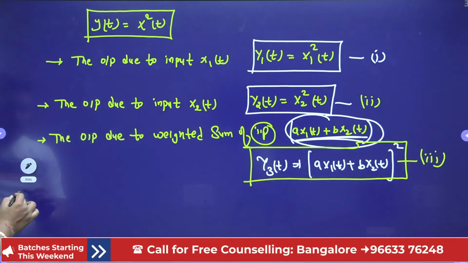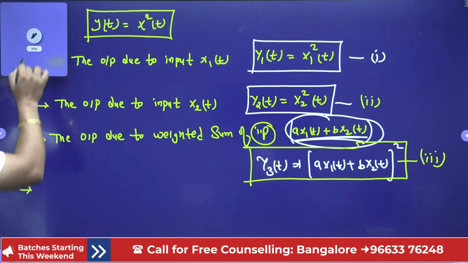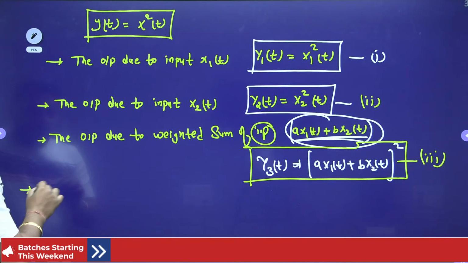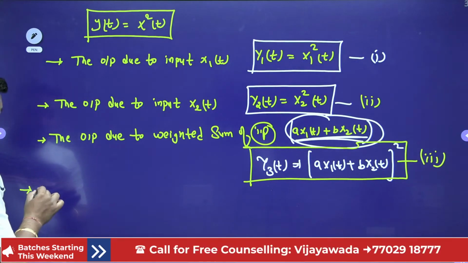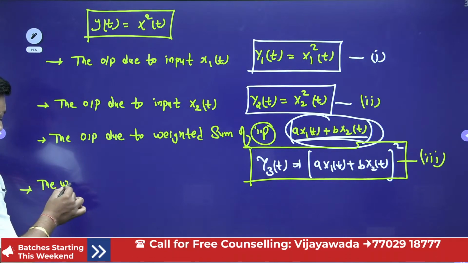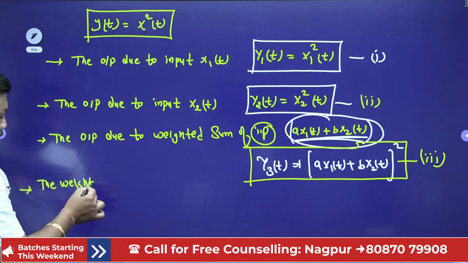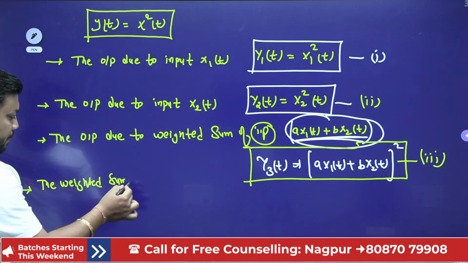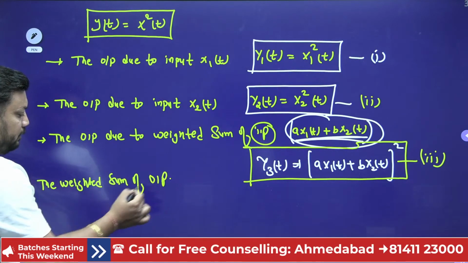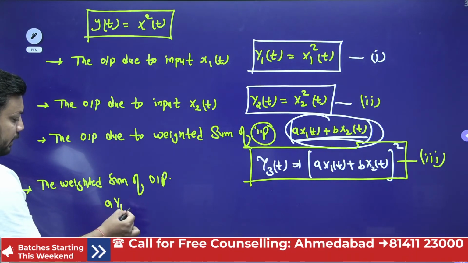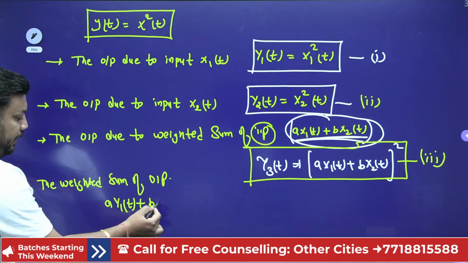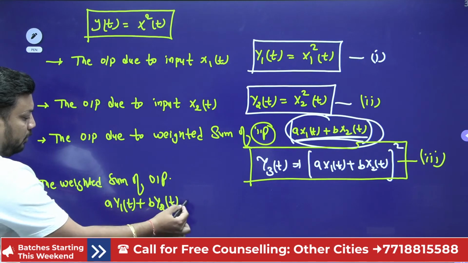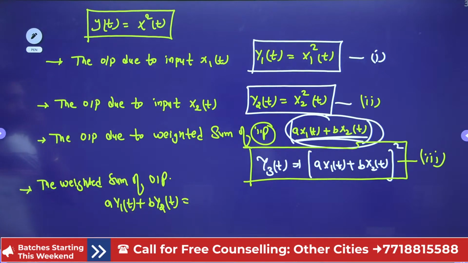Now what about equation number 4? Equation number 4 will be the weighted sum of output. We should write a y1(t) plus b y2(t), just calculating homogeneity plus superposition.